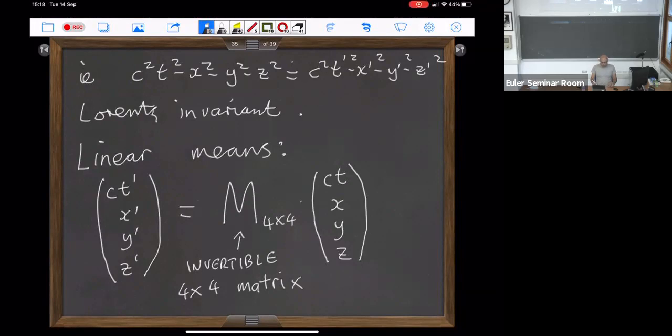If I multiply this equation by the inverse of M, I get the inverse transformation. And this matrix is defined in such a way that it leaves the quantity c squared, the quantity at the top of the blackboard, invariant.